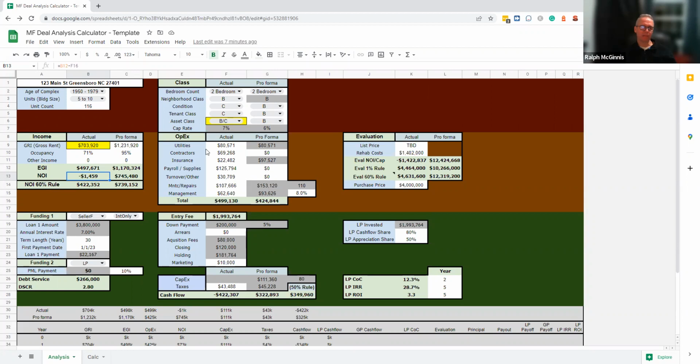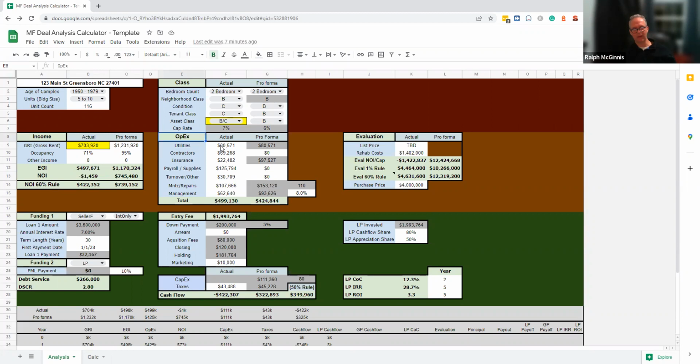So here are the list of all of the OpEx, or operating expenses. There's CapEx, which is capital expenses like roof and foundation and big numbers like that. OpEx are your operating expenses, your day-to-day expenses of running the place.